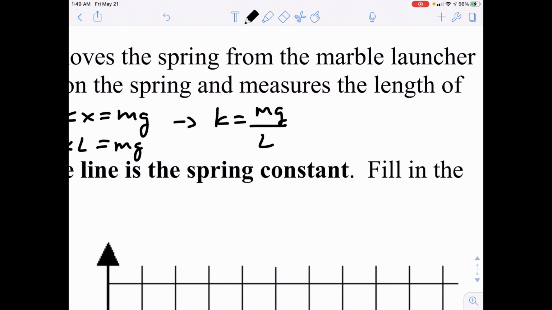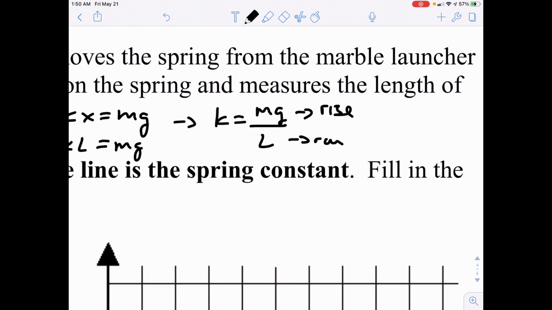One way is to multiply each mass times g and get the weight, and that would be our rise, our y-axis, and the length, how far it's stretched, is the run, the x-axis. The rise over run is your slope, and that's your spring constant. So the slope is the spring constant. We don't have to do anything with it. That's probably the easiest way to get this result.